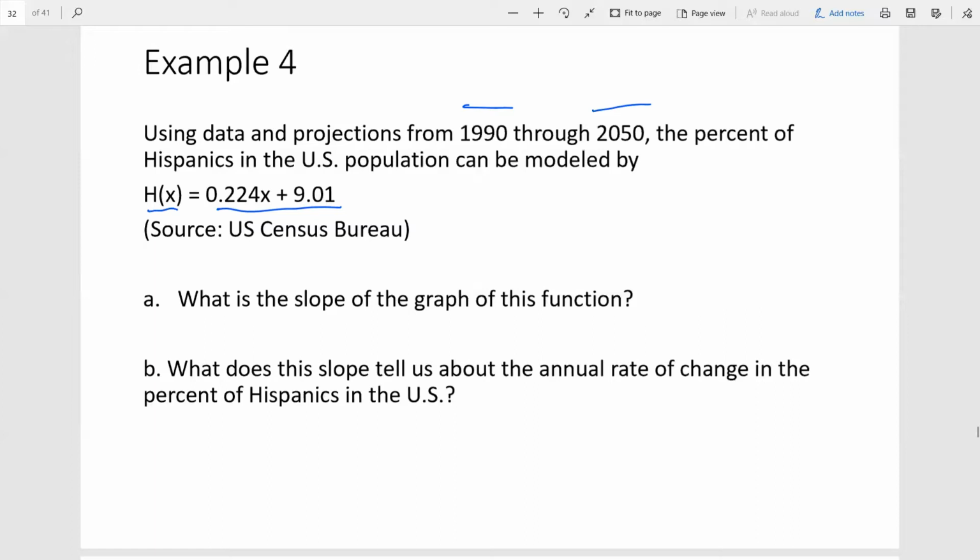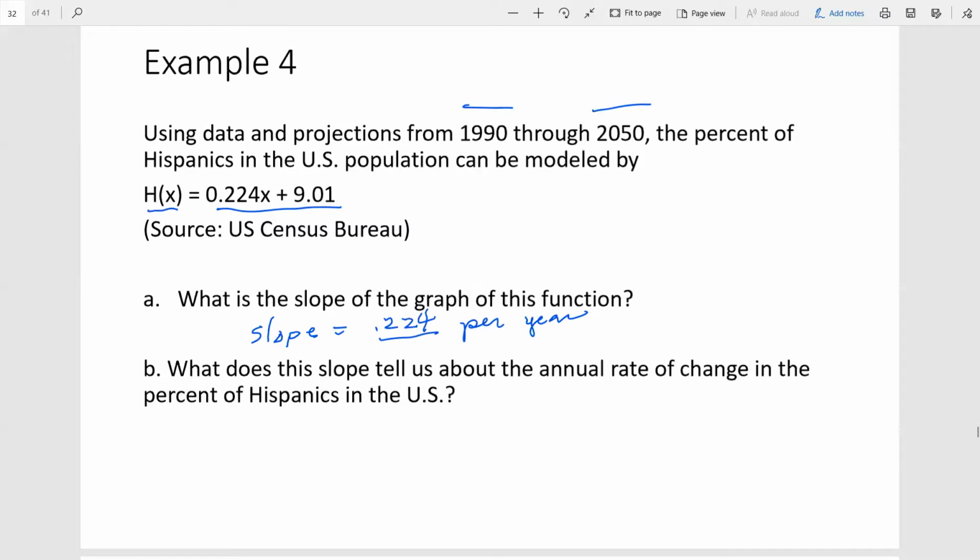What is the slope of the graph of the function? The slope is 0.224 per year. So each year, the percent of Hispanics increases by 0.224% per year.